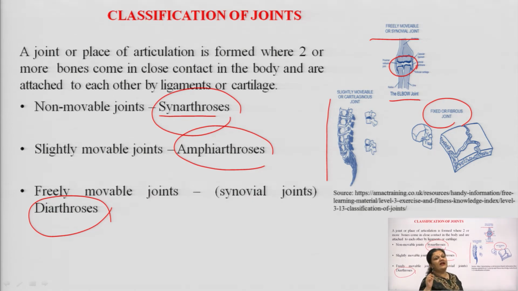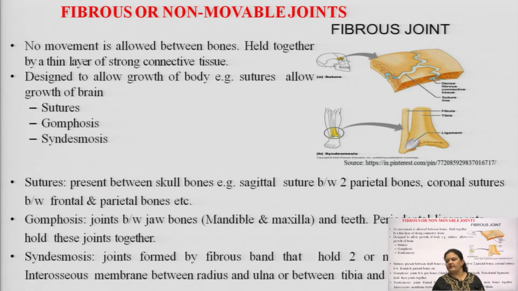These sutures ultimately provide support to the baby's brain when the neonate or newborn comes into this world, and the brain develops as the child grows. So, these are fixed joints; no type of movement is shown by these synarthrosis joints.